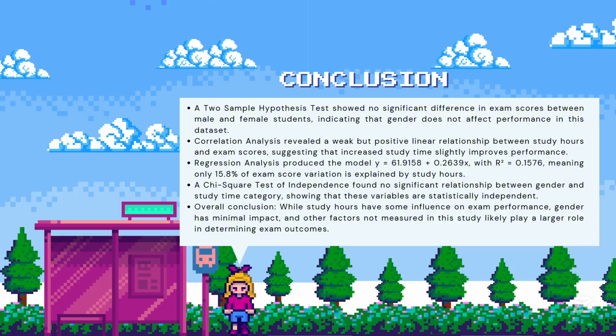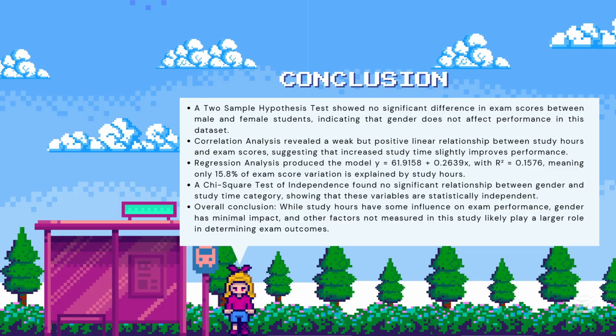Other than that, regression analysis produced the model y equals 61.9158 plus 0.2639x, with R-squared equal to 0.1576, meaning only 15.8% of exam score variation is explained by study hours. A chi-square test of independence found no significant relationship between gender and study time category, showing that these variables are statistically independent.